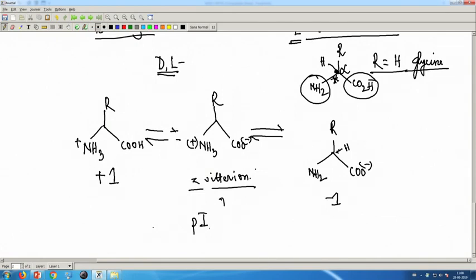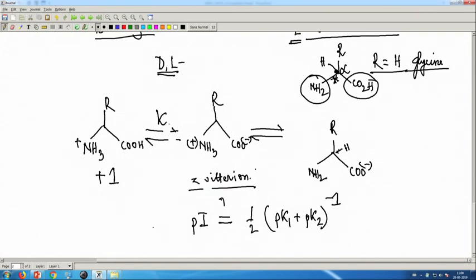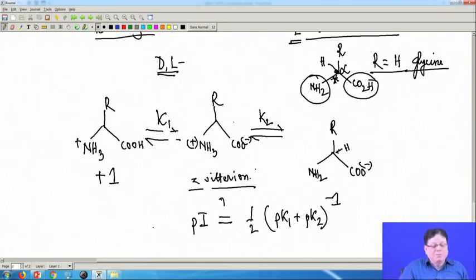This is what is called the isoelectric point. pI becomes half of pK1 plus pK2. What is pK1? pK1 is the first dissociation. This is K1, this is K2. Remember, these are not rate constants, these are equilibrium constants between these two species. So that is the general relation of pI.